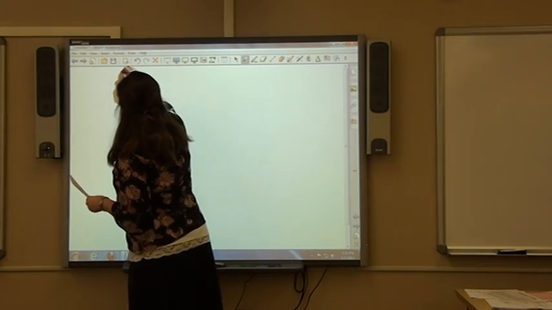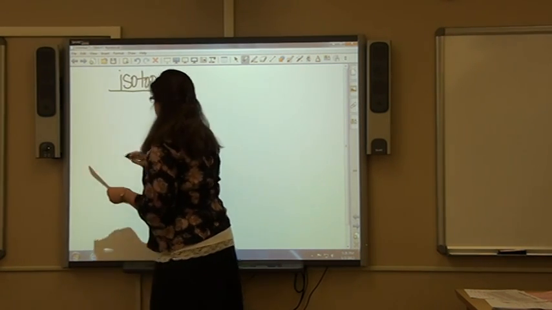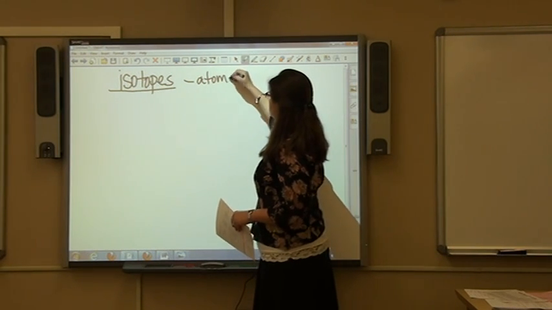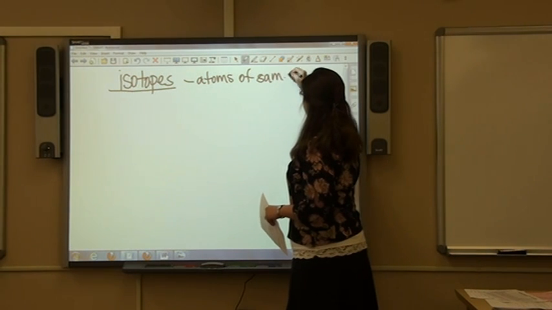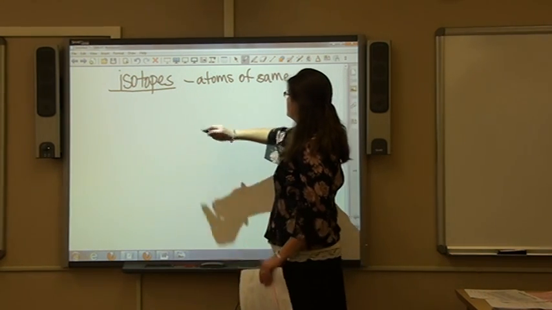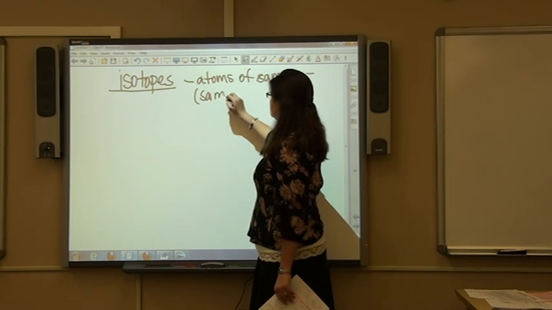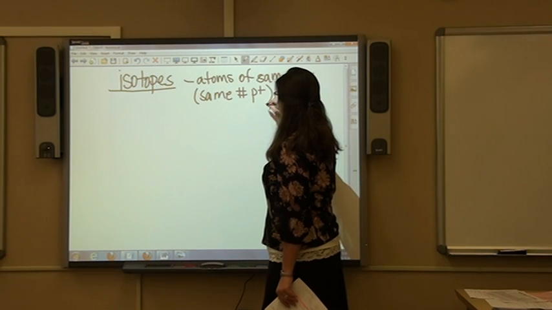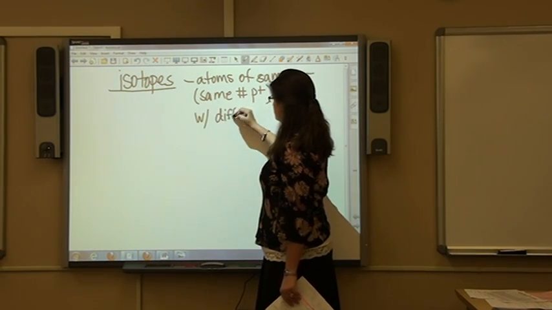Okay, let's talk a little bit about isotopes. Isotopes are atoms of the same element, which means that they have the same number of protons, but they have different numbers of neutrons.